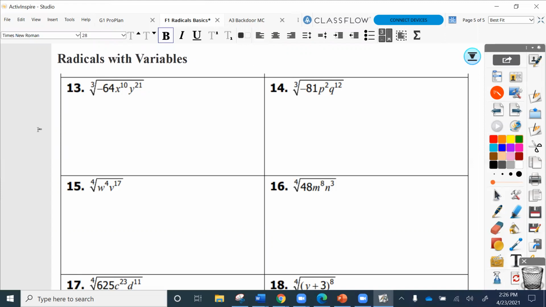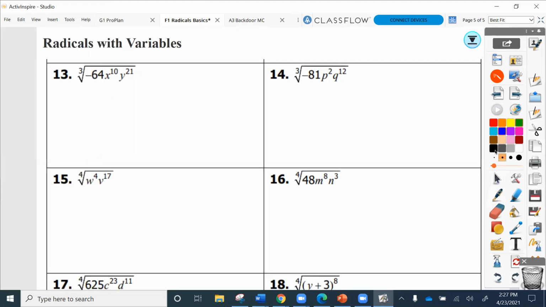So it works kind of the same way. If you're taking the cube root of something, you have to have 3 of something in order to pull them out from under the radical sign. And remember, whenever you're taking the cube root of a negative number, your answer is going to be negative. So right off the bat, we can say that the answer is going to be equal to negative something, right? So we've got negative for sure. Now let's take 64.